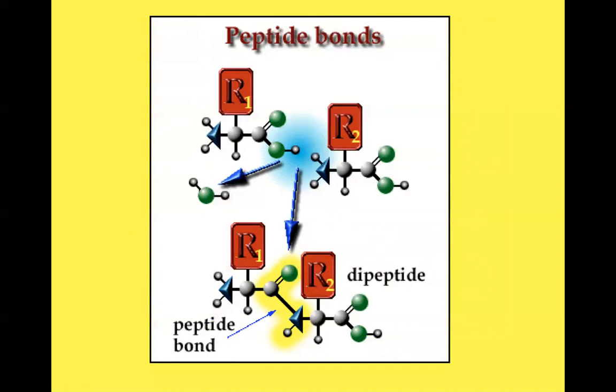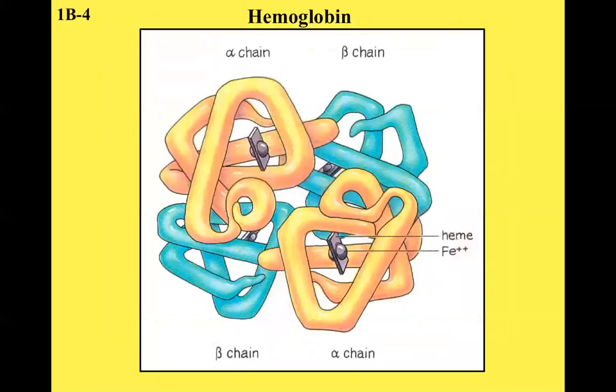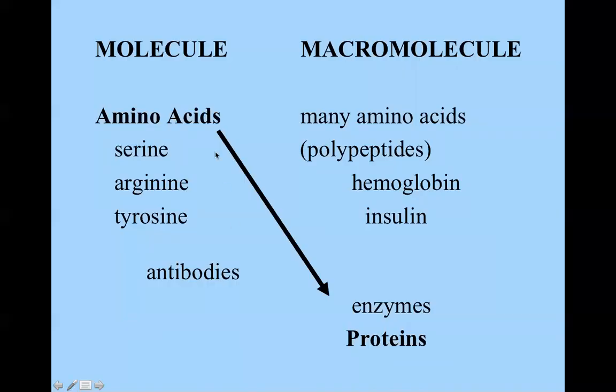So we have the same idea here, with the molecule making up the macromolecule, the amino acids, okay? For example, serine, arginine, tyrosine, all of these are amino acids. And when you have several of them together, you make up the polypeptides, or then the proteins.